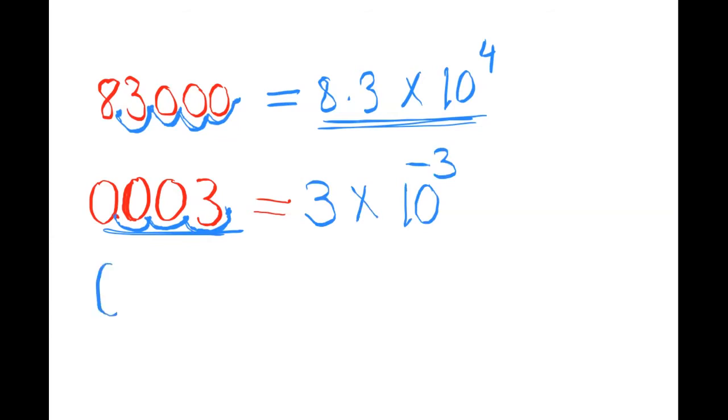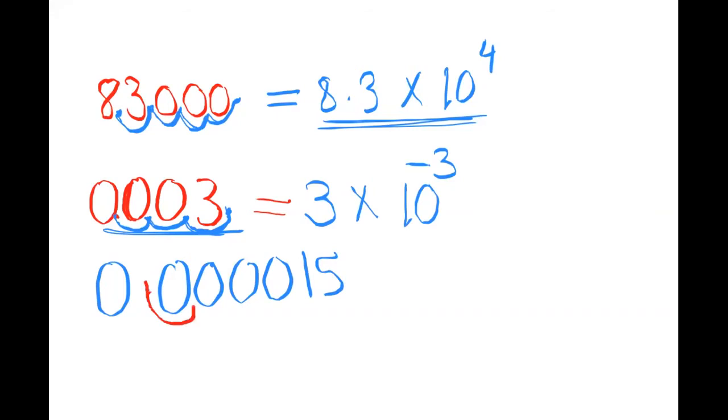Another one for you. If I have a number like 0.000015 and I want to write my number in standard form, what is the problem here? My number is smaller than 1. So I want to make it bigger than 1. So we will move the decimal point till I get my number greater than 1.